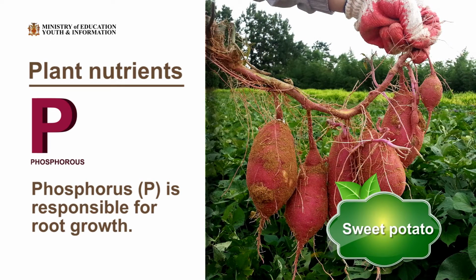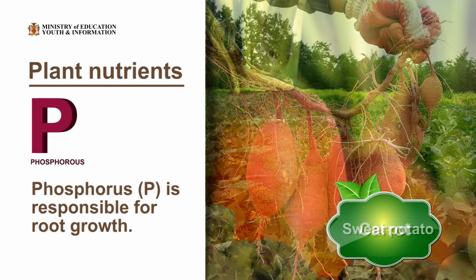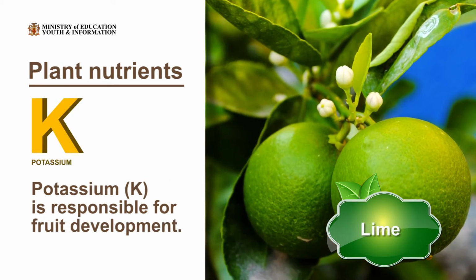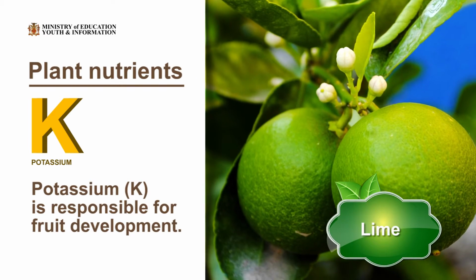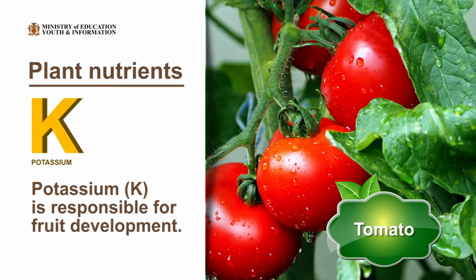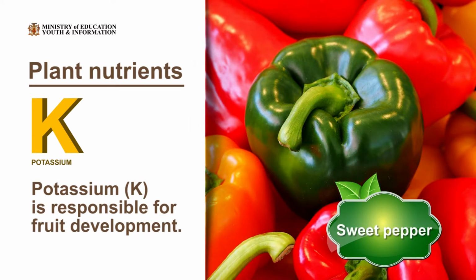If you have your root crops like your sweet potato and your carrots and so on, you need something that is high in phosphorus. Also, we have our potassium, which is the K, which is responsible for fruit growth. Like your tomatoes, your sweet peppers, those you need a lot of potassium.